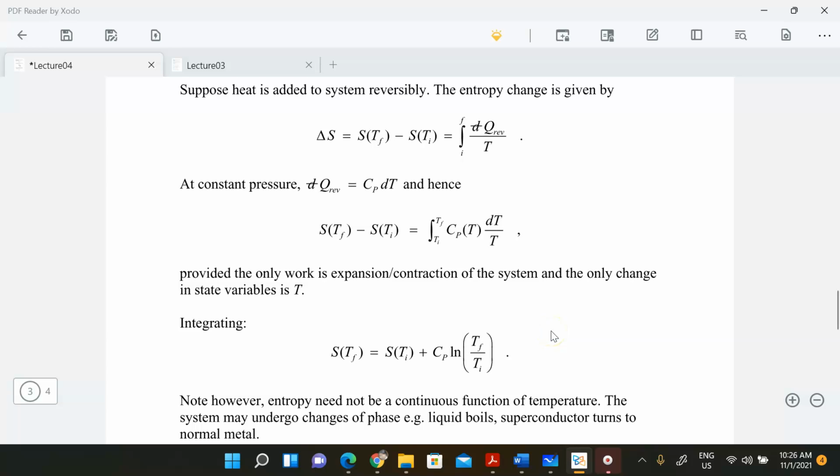Here we assume that this is constant. If it's a function itself, then one needs to do the proper integral for that function of T. For our cases, the simple case, we can get that.